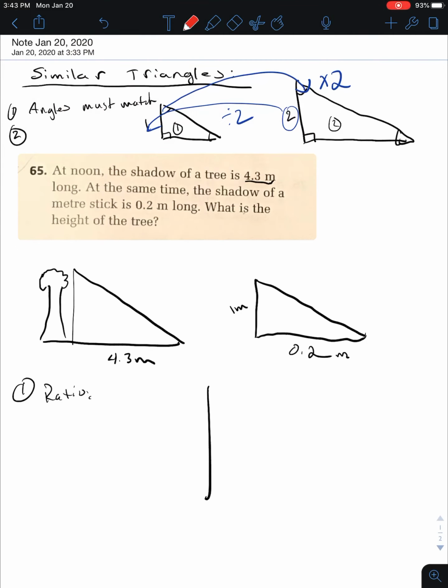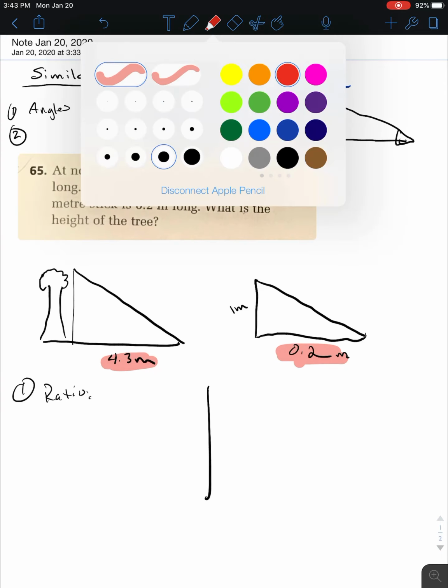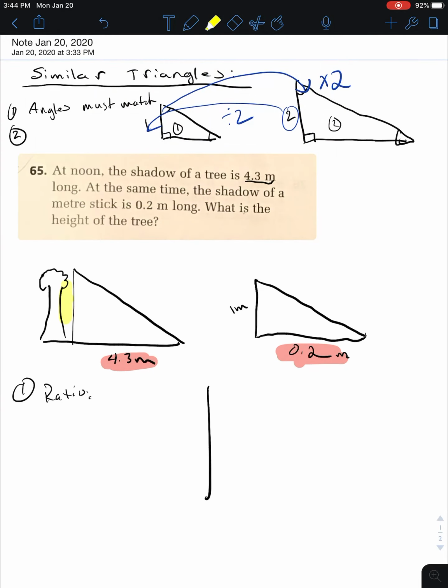With a ratio, I'm going to set up an equal statement where I look at common sides. I'm going to take 4.3 and compare it with 0.2. Sometimes you can be a little strategic with the way you set up your ratio.